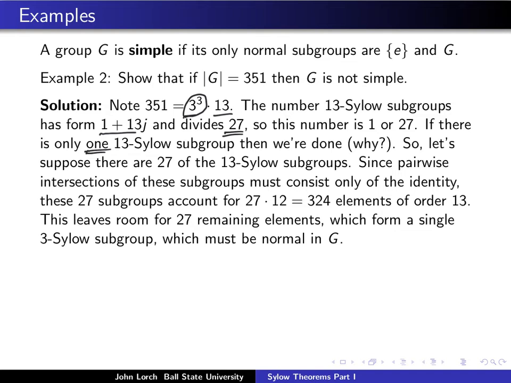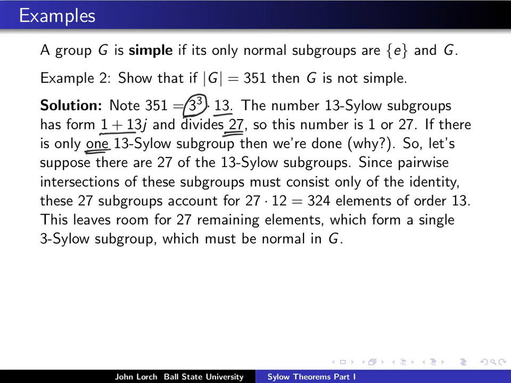So when you think about that, if pairwise intersections of these 27 subgroups can only consist of the identity, then altogether, these 27 subgroups account for 27 times 12, or 324 non-identity elements, each of which is of order 13.